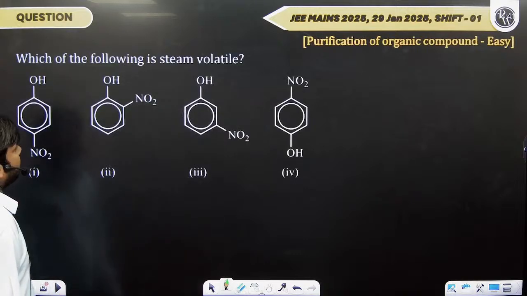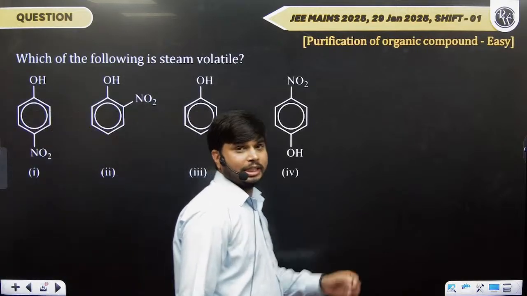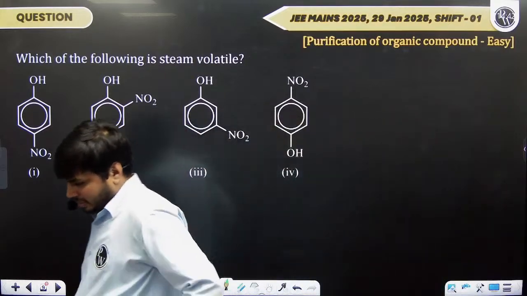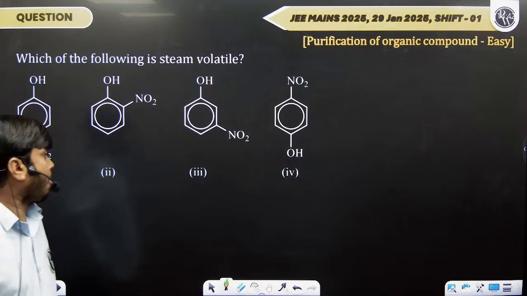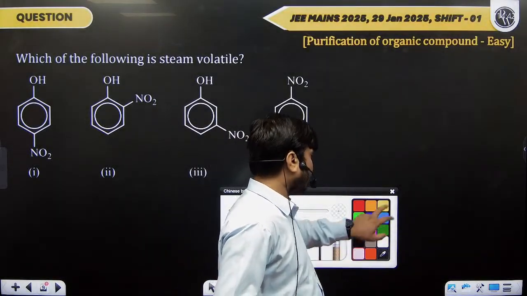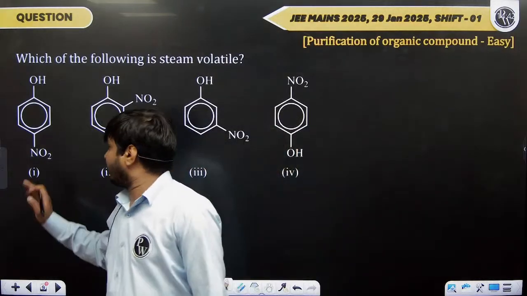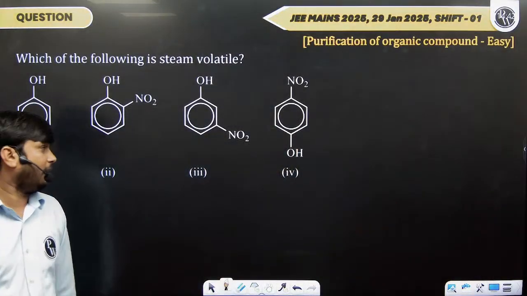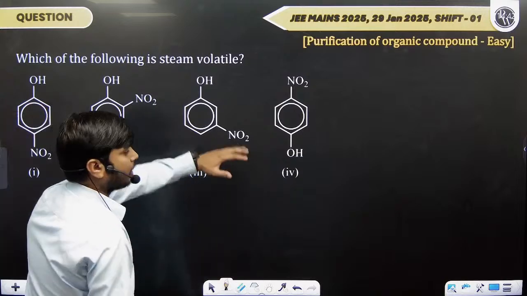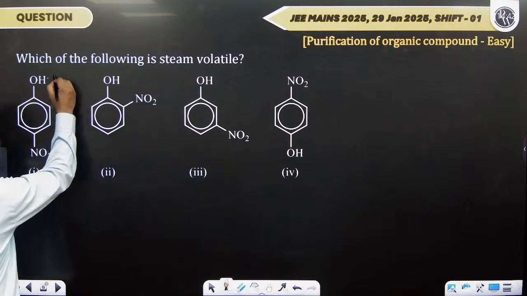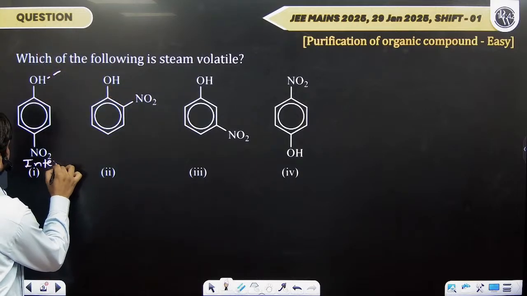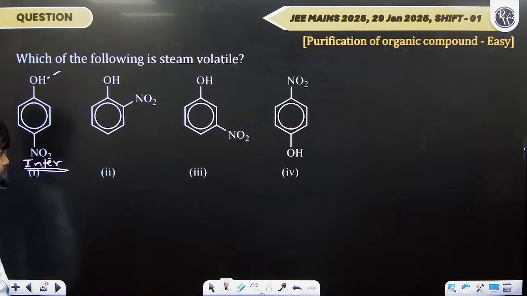Okay, next question. Which of the following is the steam volatile? Right, so here we have the 4 compounds, 1, 2, 3, 4. When you look at the molecule, you can clearly see there is hydrogen bonding. The first compound is showing intermolecular hydrogen bonding.